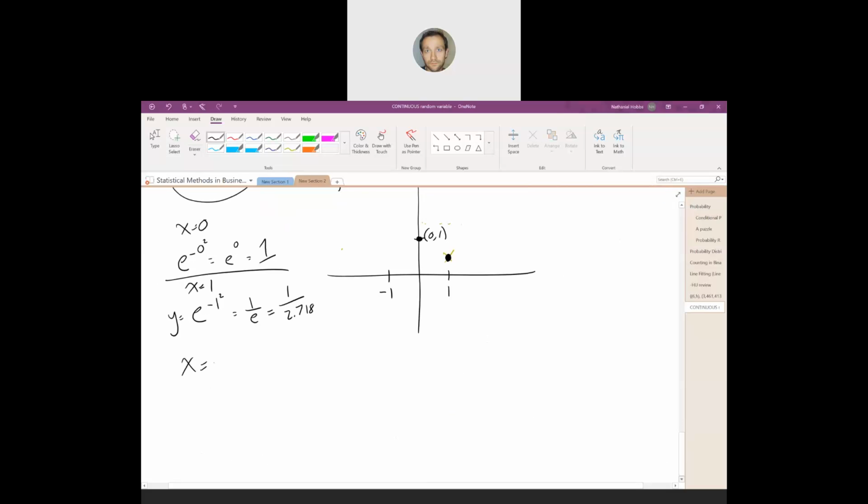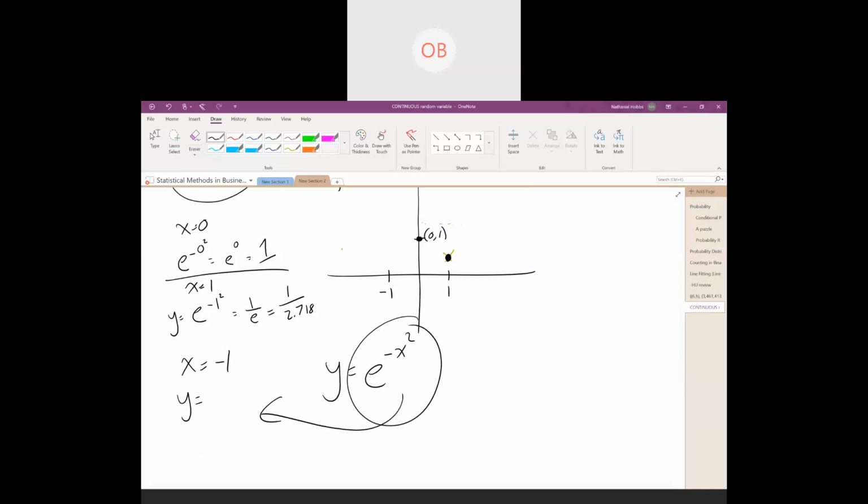So if x is -1, and again y equals e to the minus x squared, what does y equal here? Plug in x. What do I get when x is -1? Why did you put a minus here?